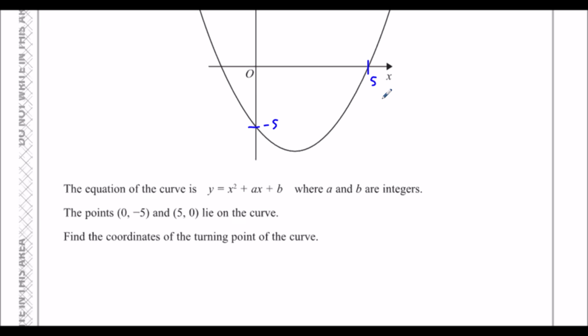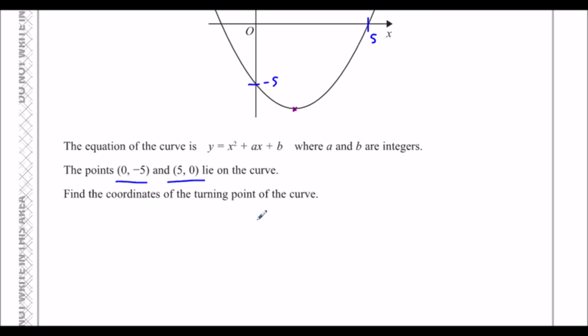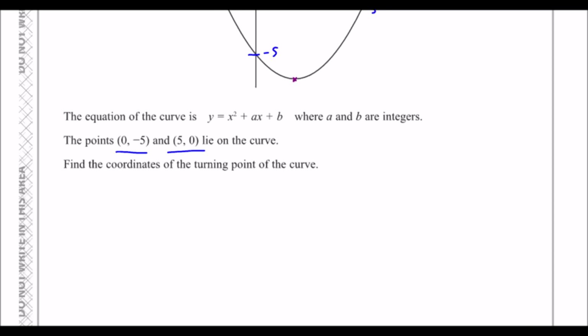Find the coordinates of the turning point of the curve. So the turning point is where the curve turns, which is the minimum point, the bottom. So we can use these coordinates, substitute them in, and that will tell us the equation. And then once we've got the equation, we can work out the turning point.